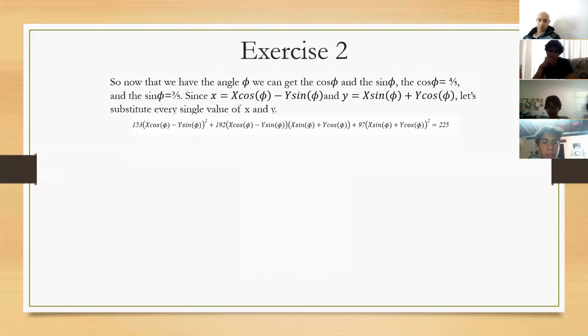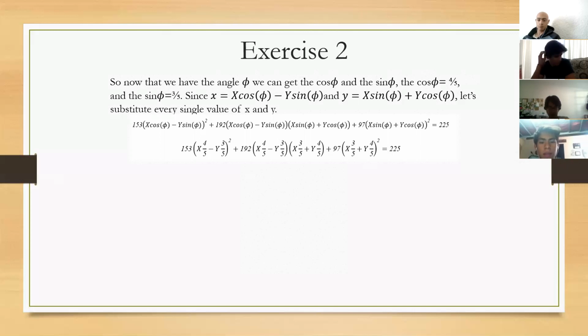So we end up with 153 and the expressions that I already gave, but I won't say them since it's too large. And then we substitute cosine of phi and sine of phi in each single value.